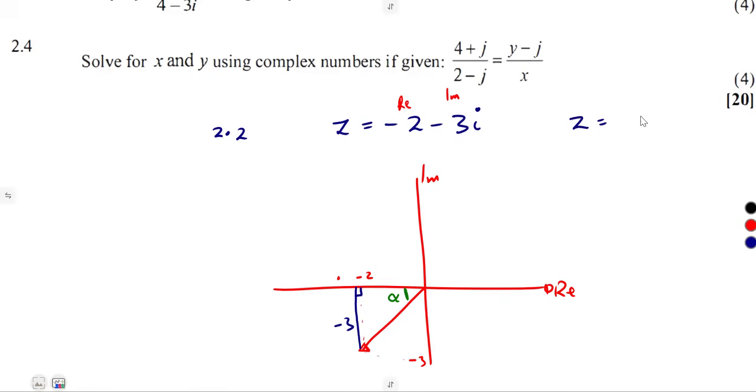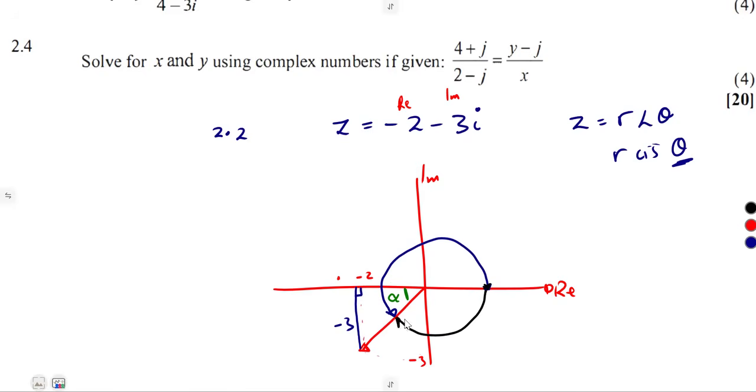Remember, in polar form, our z is supposed to be given as r angle of theta or r cis theta. The theta, which is our argument, is the angle that is being taken from the positive real axis. Whether we are going to take it in the anti-clockwise direction to this, or we are going to take it in the clockwise, as long as we are moving from the positive real axis.